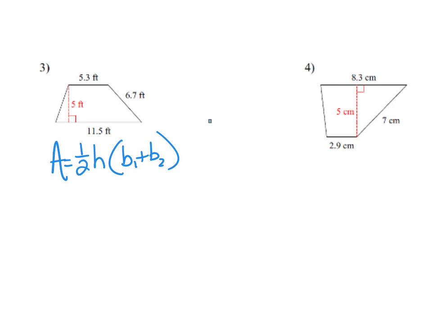So let's plug in everything that we know. Your area is equal to 1/2. Which number do you suppose would have to be the height? What would you put in right there for the height? All right, hopefully you chose 5. It's always the perpendicular height. And then your base 1 and your base 2, those are your parallel sides. So I'm going to have a 5.3 plus an 11.5.